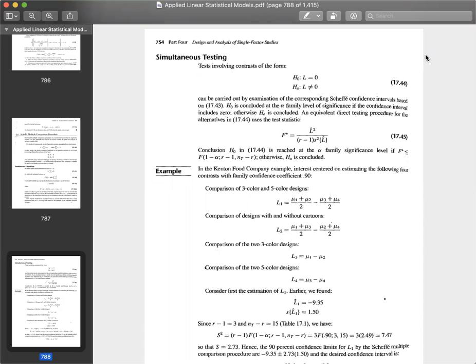An equivalent direct testing procedure for the alternatives uses the test statistic F star equaling L hat squared over (r minus 1) times S squared of L hat. The conclusion of the null hypothesis is reached at the alpha family significance level if F star is less than or equal to F(1 minus alpha; r minus 1, nT minus r). Otherwise, the alternative hypothesis is concluded.